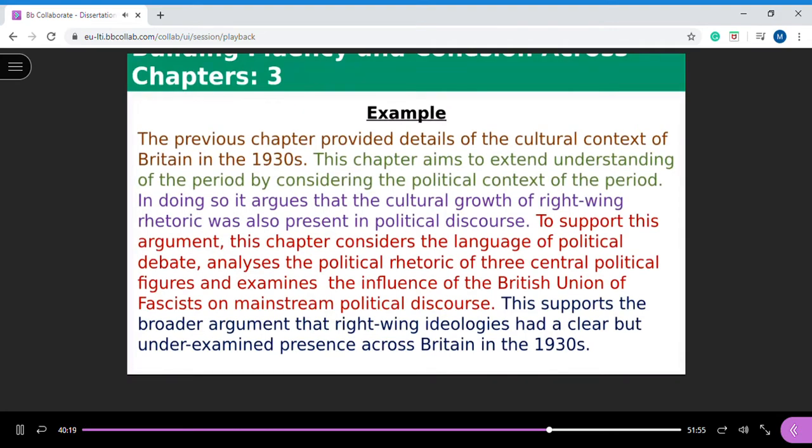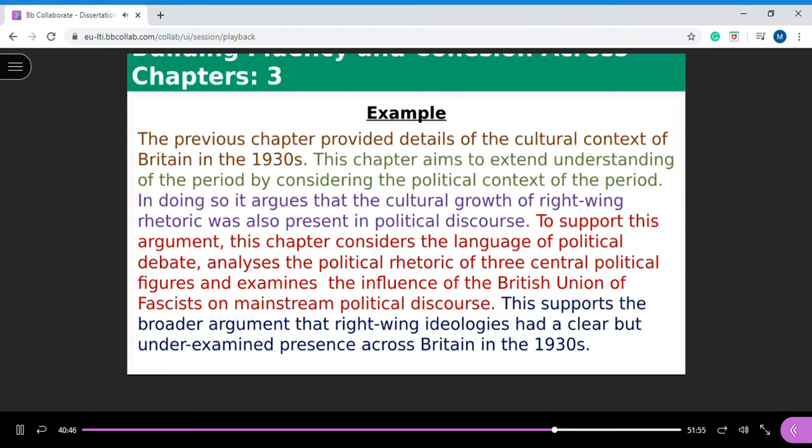You can then see that it provides an overview of the key content of the chapter. So just briefly what it will cover. It says, to support this argument, this chapter considers the language of political debate, analyses political rhetoric of three central political figures, and examines the influence of the British Union of Fascists on mainstream political discourse. It then finishes by connecting the chapter to the wider thesis statement.